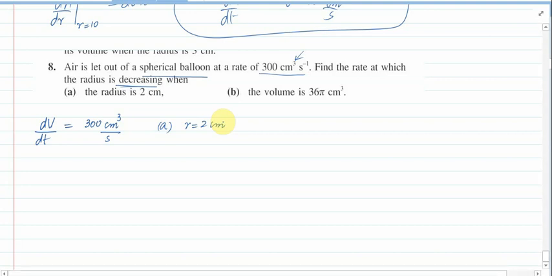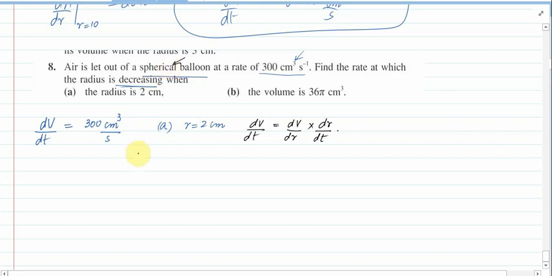Alright, so we need to find out the rate of radius, right? So before that, if I apply a chain rule here, it will be dV upon dt. Now V depends upon radius and radius depends upon time. So that is your chain rule. But the very important thing is you must be aware of the working formula of volume of a sphere.